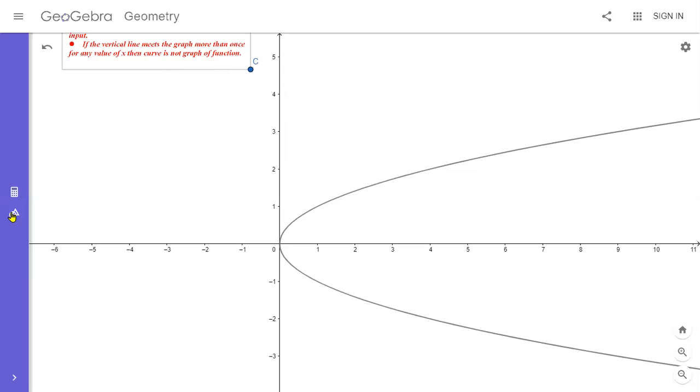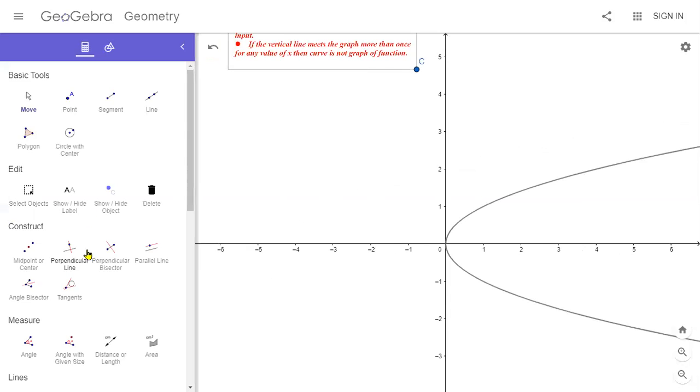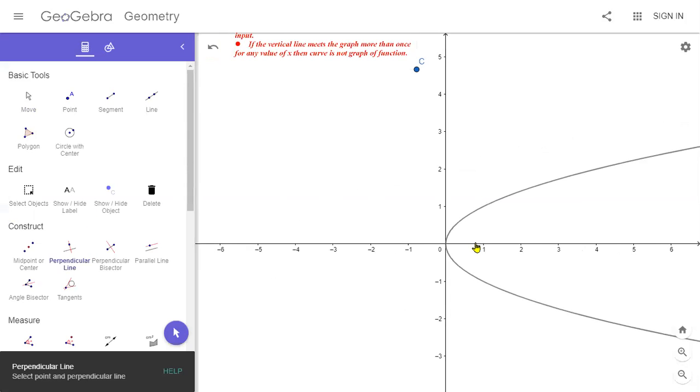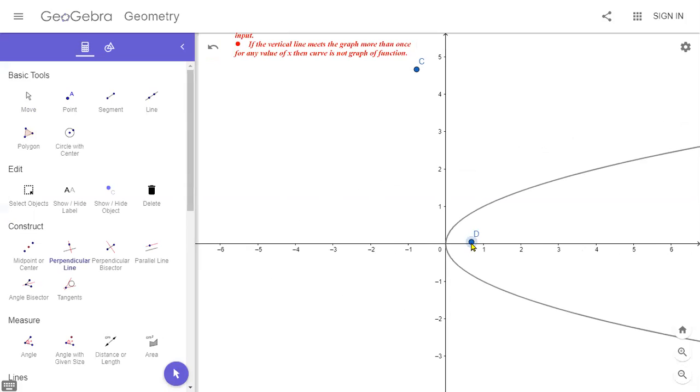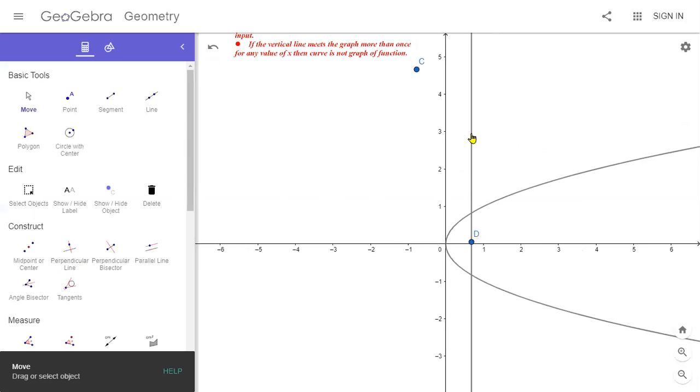We first have to make the vertical line. The vertical line is the line perpendicular to the x-axis, or parallel to the y-axis. Let me draw a line perpendicular to the x-axis. Here I have drawn this line.